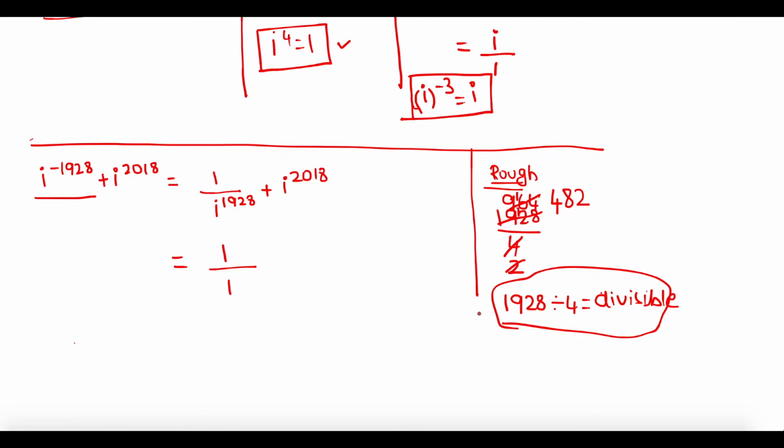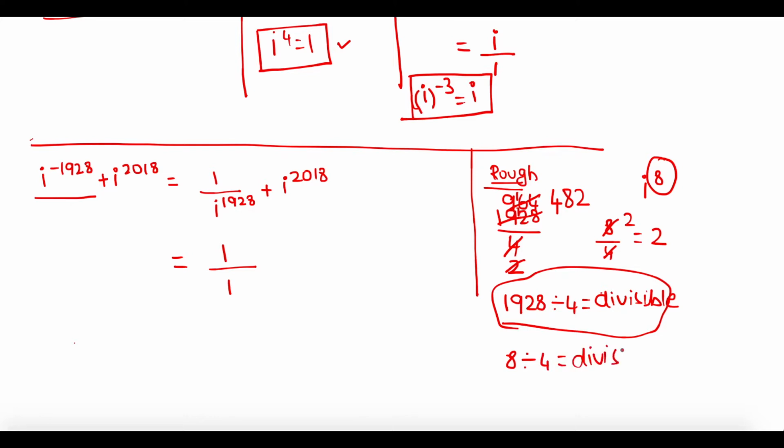So for example, I'll give you a small example, i to the power 8. So what is i to the power 8? I'm going to take this 8 and divide it by 4. 8 divided by 4, what do you get? You get 2, right? So 8 is divisible by 4.